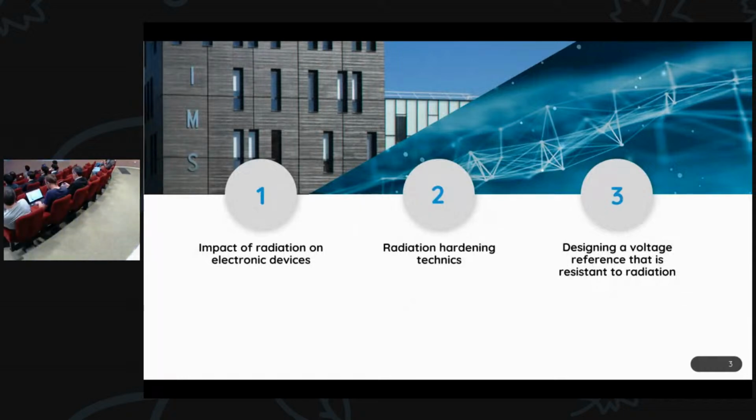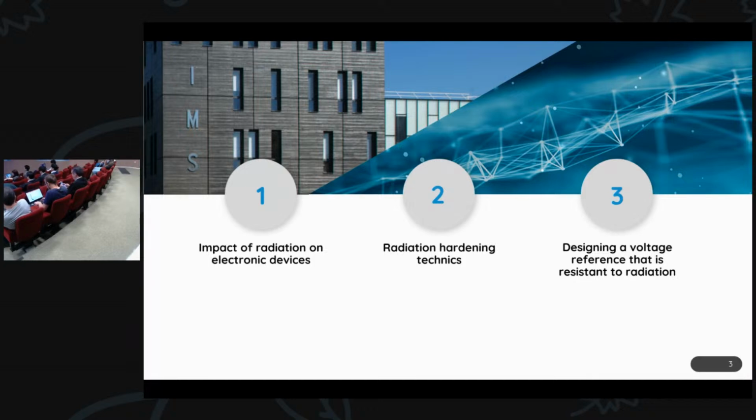First, I will explain the impact of radiations on electronic devices. Then I will go ahead and show you the radiation hardening techniques on electronic devices. And finally, I will explain my voltage reference and how I make it robust against radiations.